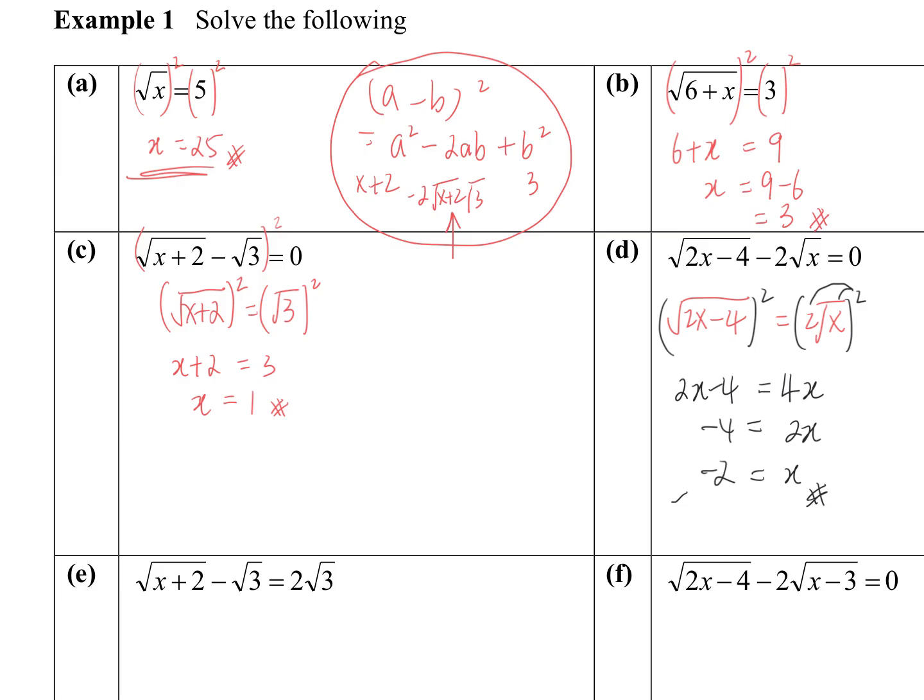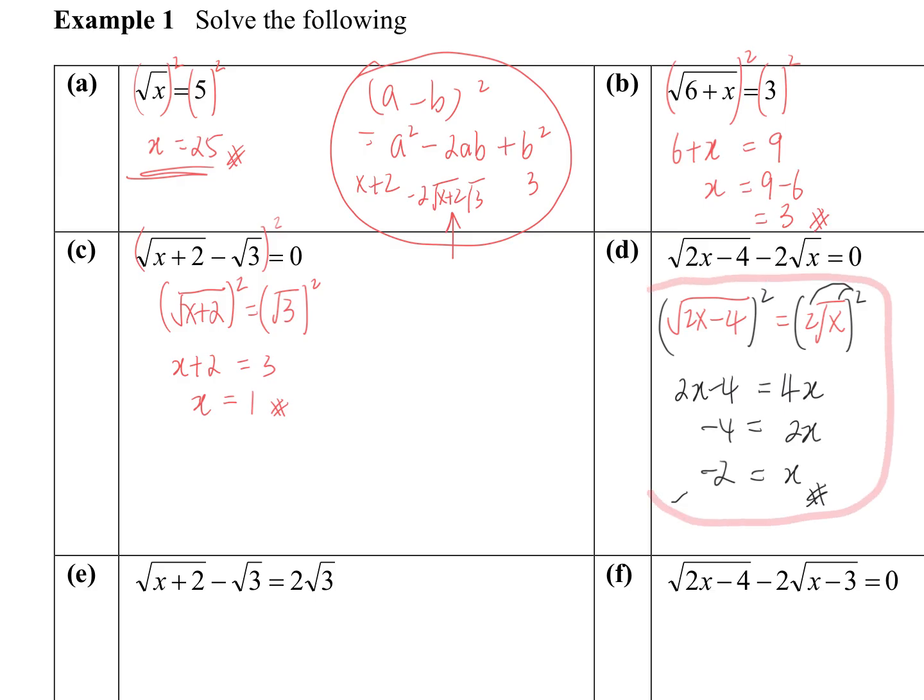Good observation. Did I solve it wrongly? Yeah, x cannot be -2. Do you square -2 or do you square the whole thing? You square the whole thing. No, the negative bring over become positive already. Okay, take note, Harita just had an observation.